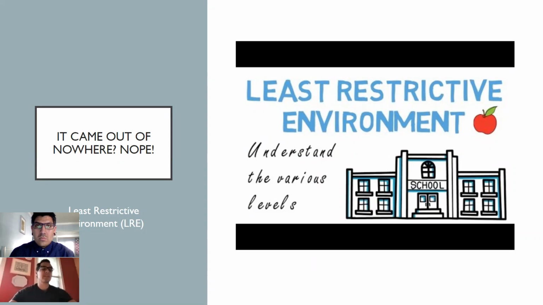What least restricted environment means is having an environment where the students can still have support, at the same time still be challenged and have access to the same curriculum that their other peers in a general education setting are getting. Now, what supports can look like could be very different.